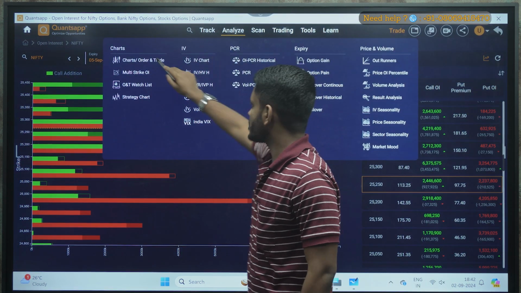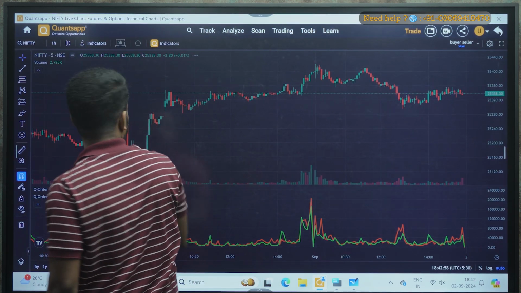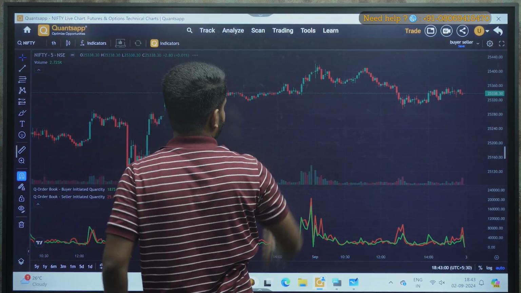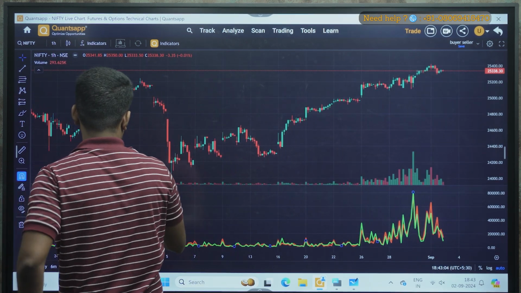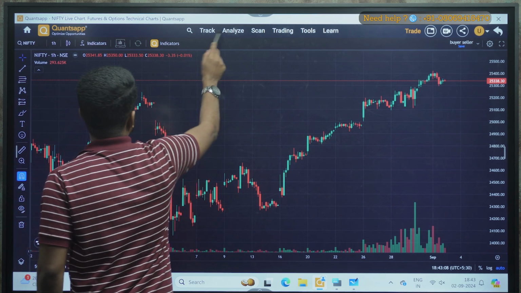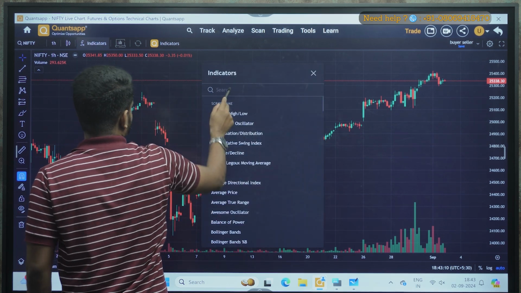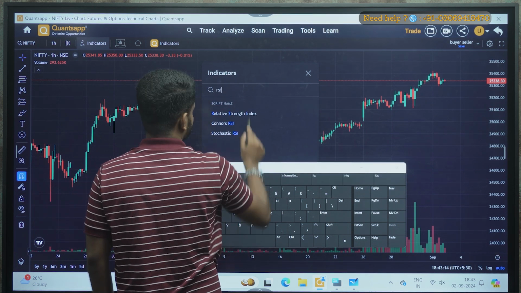Let us get into the chart and analyze what exactly the picture is looking like. Let me plot a 1 hour time frame chart. Now let me plot RSI.